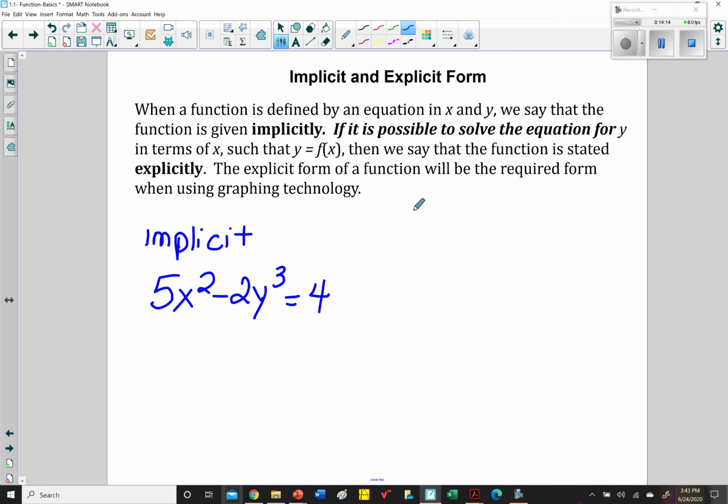And when we solve for y in terms of x so that y is isolated, that's called explicitly stated. So an example of an explicit function would be something like this parabola. So we will work with implicit functions and explicit functions in our course.